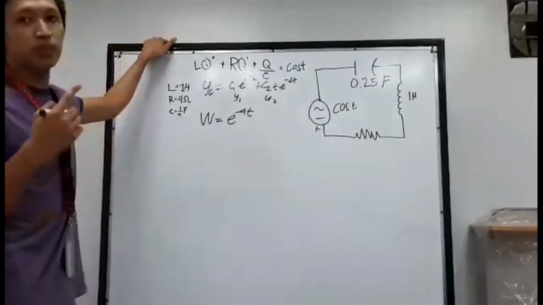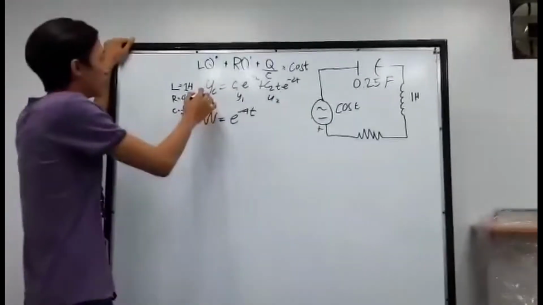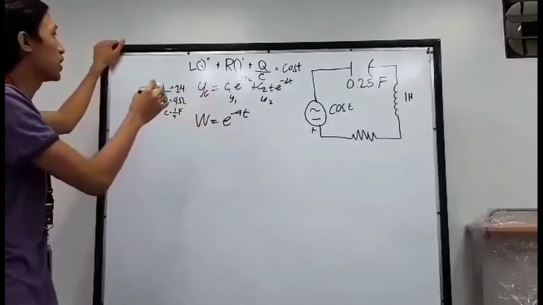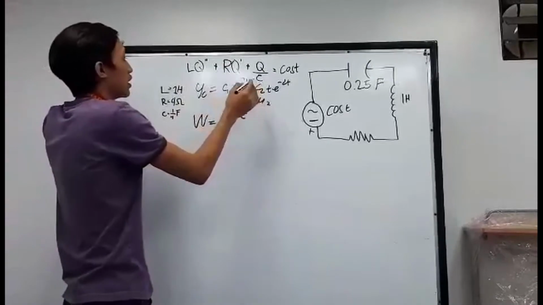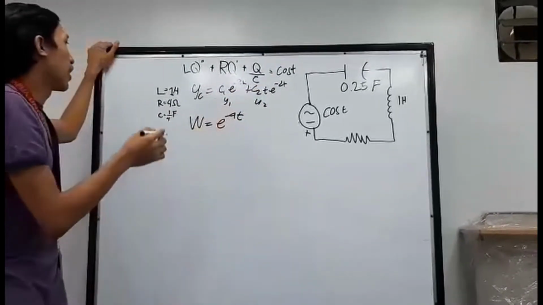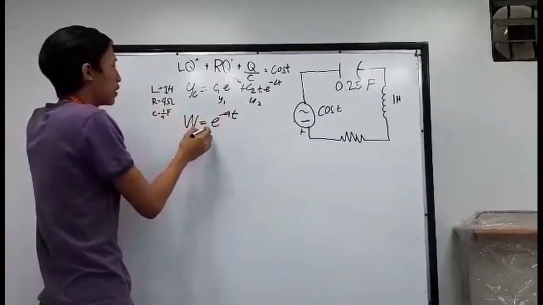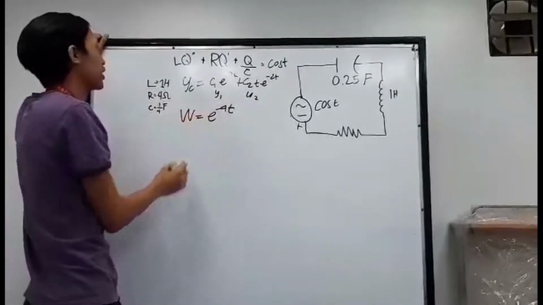From the previous video, we got the value of y sub c equals c1 e raised to negative 2t plus c2 t e raised to negative 2t. And applying the Wronskian, we get the value of e raised to negative 4t.